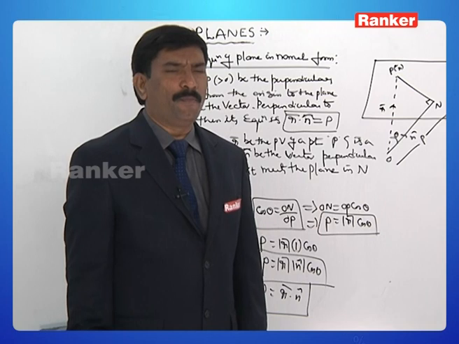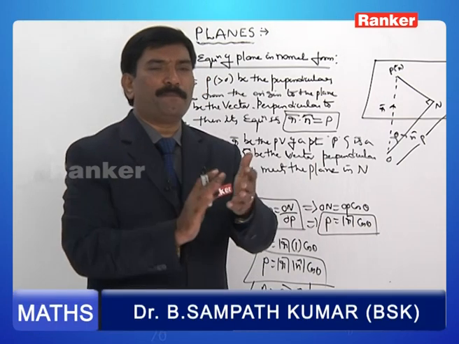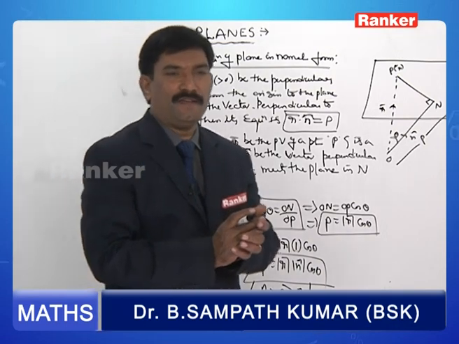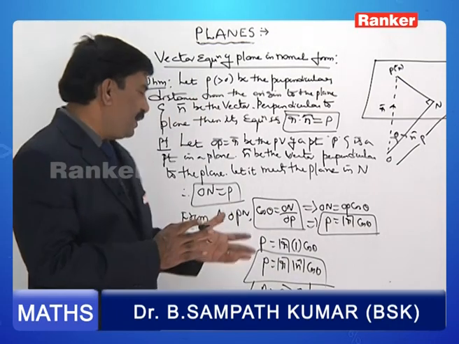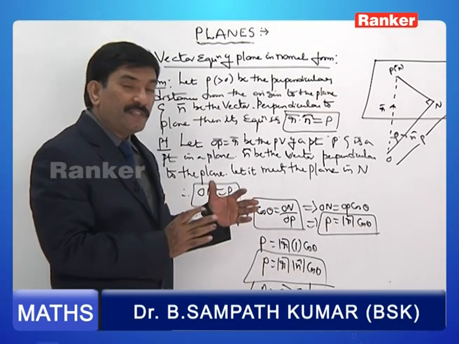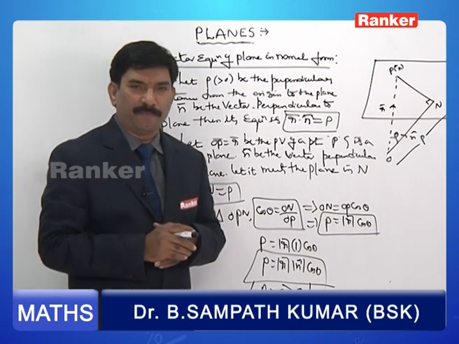Why normal form? Particularly because p is the perpendicular distance from the origin to the plane. So therefore, we call this a normal form. Now this is the normal form of the plane in vectors.